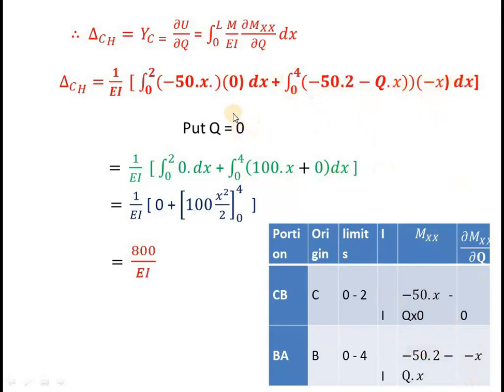If you put Q equals 0, the first term is 0 as usual, because anything multiplied by 0 is 0. This is 100 into x, and Q is 0, so that term disappears. If you simplify this, it becomes 100x squared by 2. Substituting the limits 0 to 4, you will get 800 divided by EI as the horizontal deflection at C.